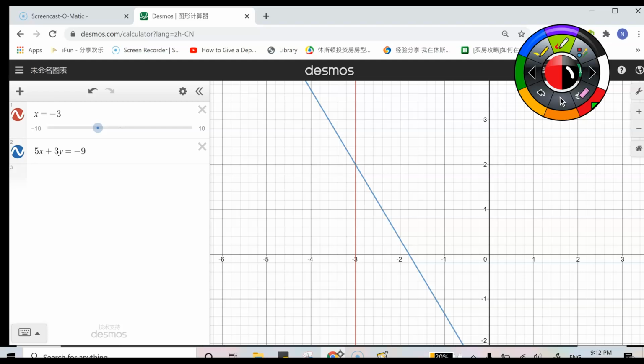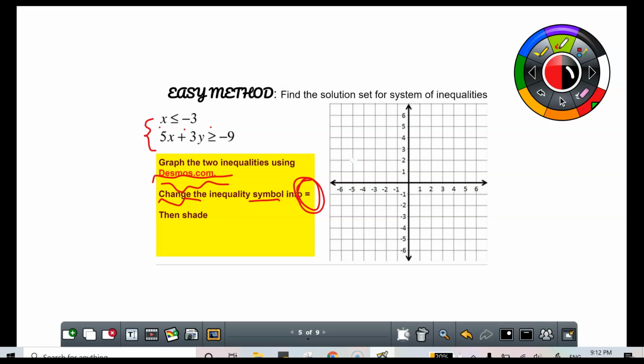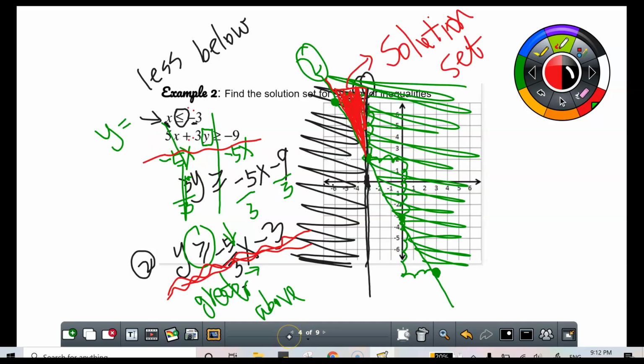Let's look at these two key points on what we did by hand. So the second line goes through about -1 and -2 in between, and it meets the first line at -3, +2. We have these two key points, right?